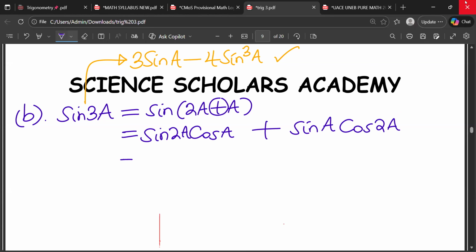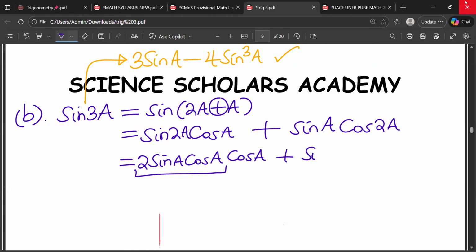Then we proceed. Sine 2A has no option other than being 2 sine A cos A. So that is the sine 2A. But don't forget that there is also the other cos A. So this one is a plus, then this one is sine A.